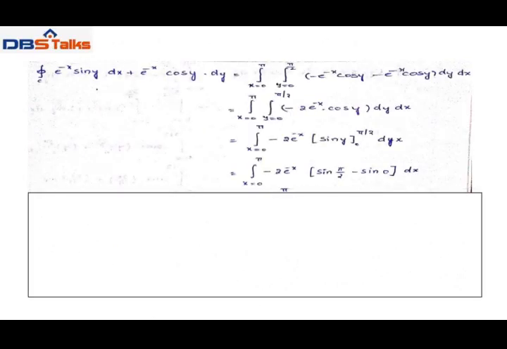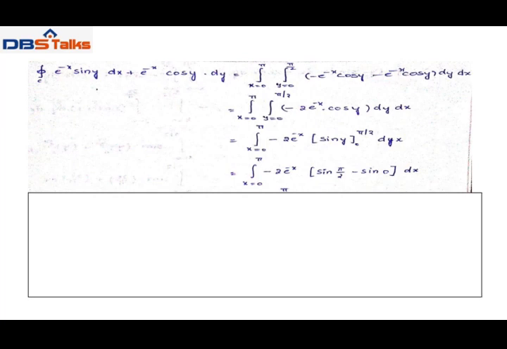Now evaluate the closed integral of e^(-x) sin y dx plus e^(-x) cos y dy. Substitute the x limits 0 to π and the y limits 0 to π/2. ∂N/∂x is minus e^(-x) cos y, minus ∂M/∂y is e^(-x) cos y, dx dy. Now integrate with respect to y.